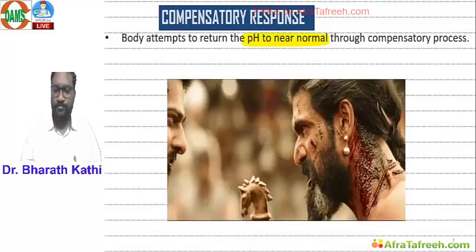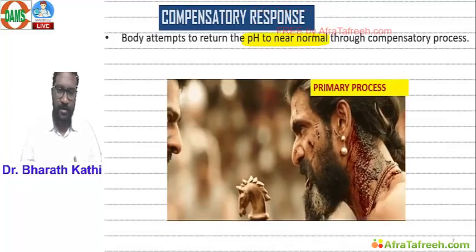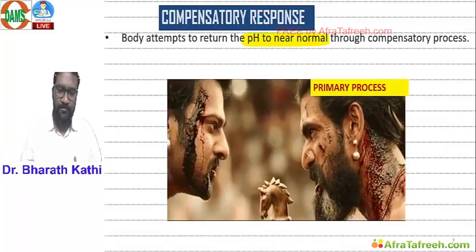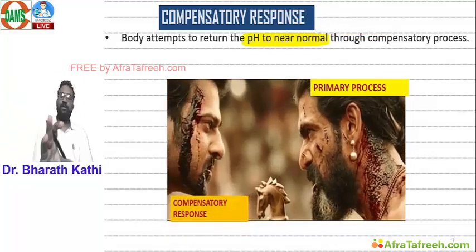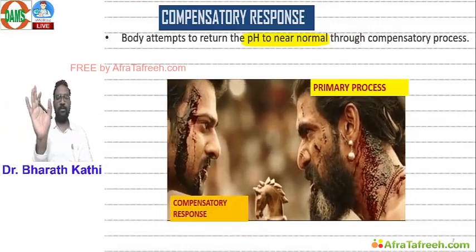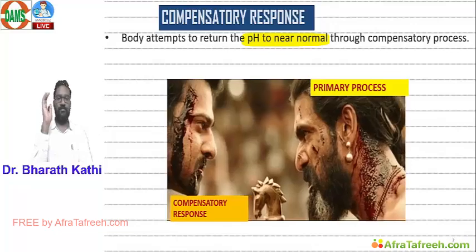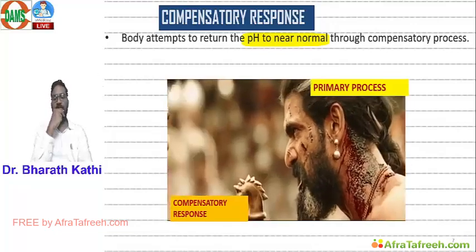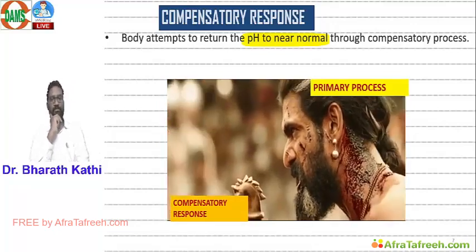For example, if primary process is the villain, your body will fight against it with a compensatory response. This is a fight always going on in your body in acid-base balance. For a primary process, your body will try to fight with a compensatory response.